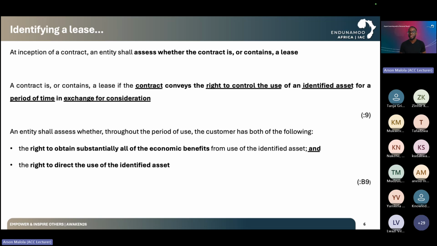It's an important analysis, and it may sound simple to you, but you'll be surprised at how often it gets forgotten, particularly in IFRS 16, because the accounting from the lessor's perspective is very different to the accounting from the lessee's perspective. The lessee is the party receiving the asset to be used, and the lessor is the one providing the asset to be used.